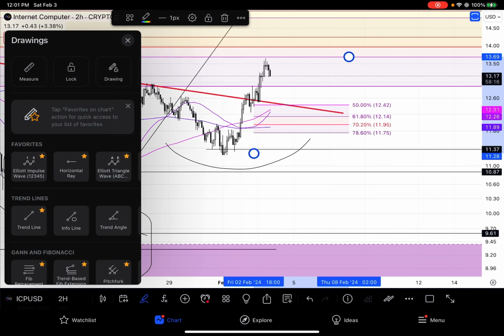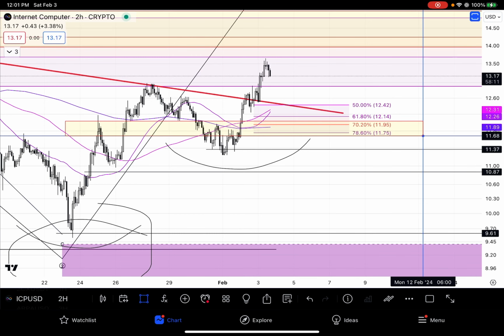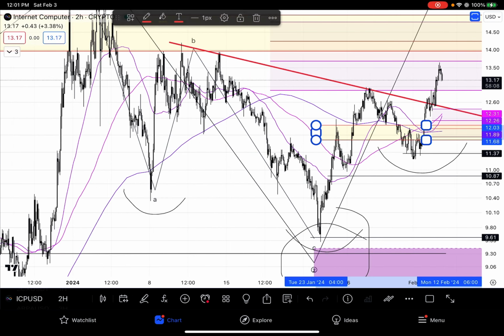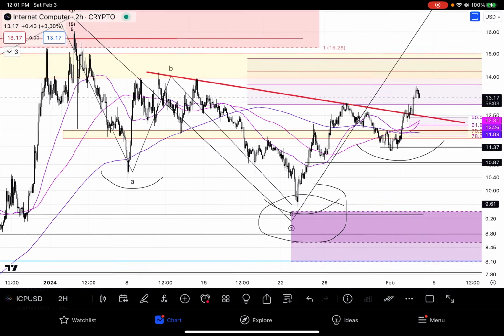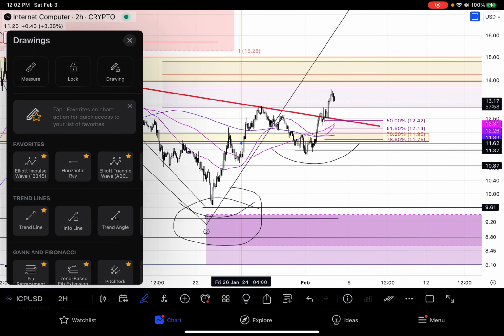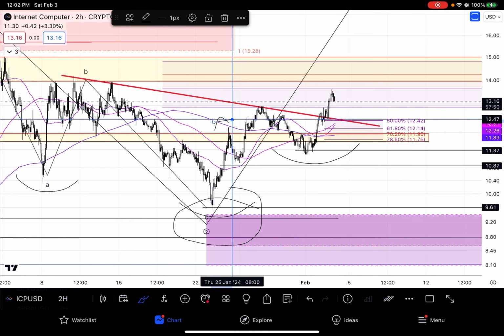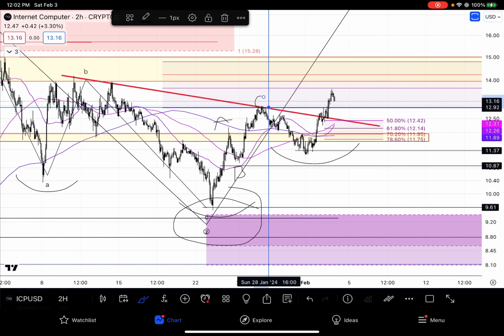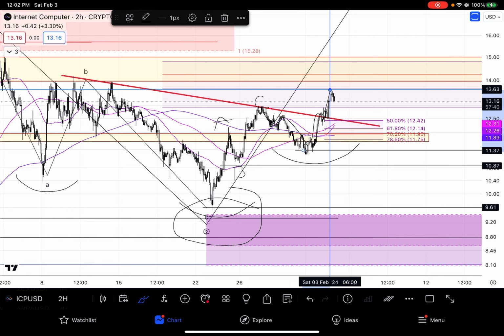And if you go below this level, which is the median of this possible inverted head and shoulders pattern, then it's likely this is your A wave, B wave, and C wave. You have an ABC down, and then a 5 wave move up. So that's a 3-3-5 Elliott wave flat pattern.